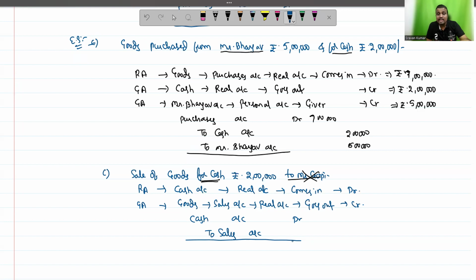The utilized portion of any asset is generally considered an expense and is a nominal account. We have to consider the sales account as a nominal account because that is income for us. So the utilized portion of a real account, or of an asset, is always a nominal account.